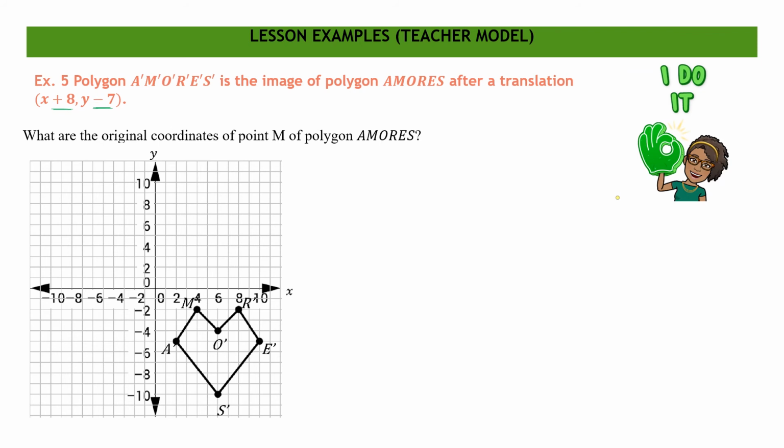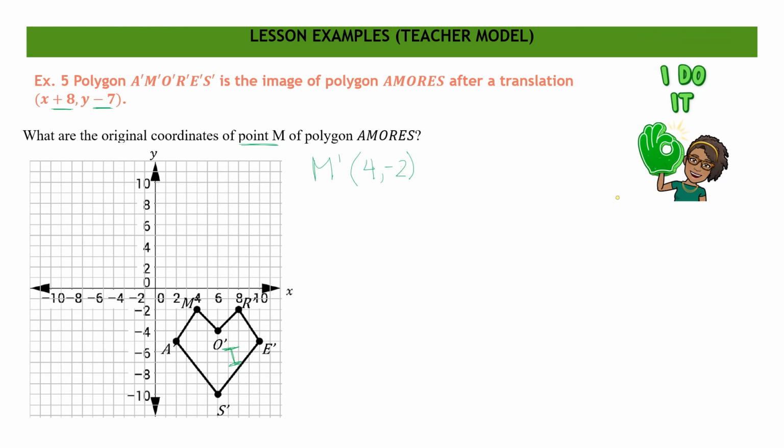They want to know the original coordinate points of point M of the polygon AMORES. Here they've given us the image point M prime, which, looking at our figure, is (4, -2).